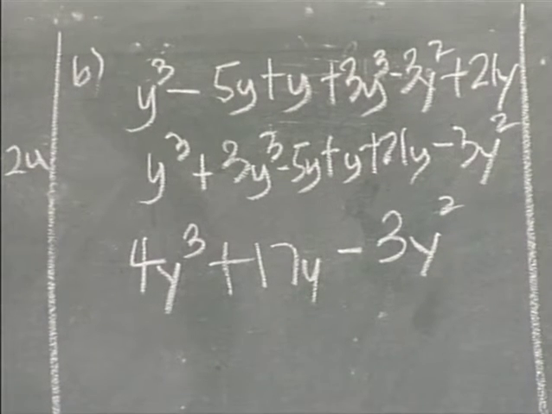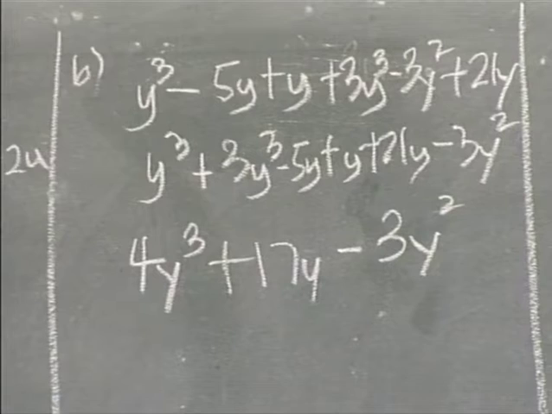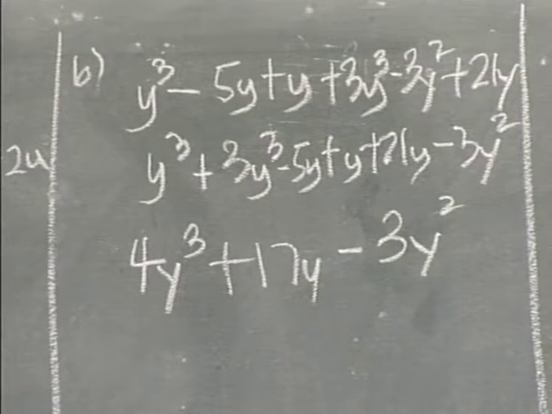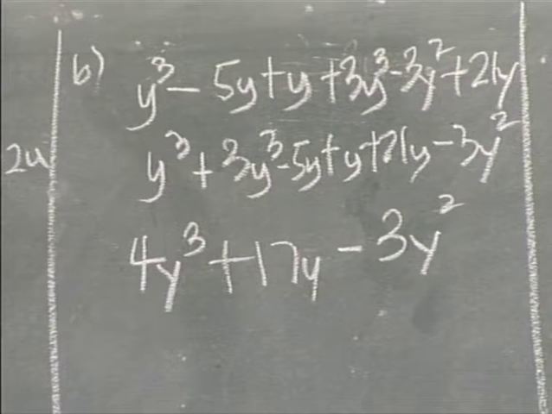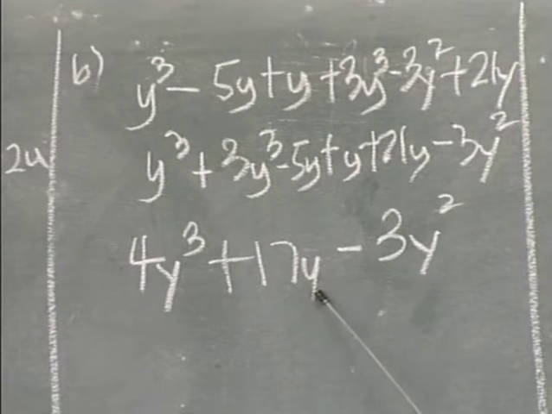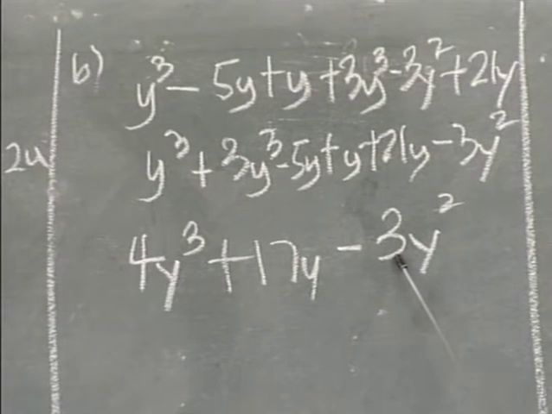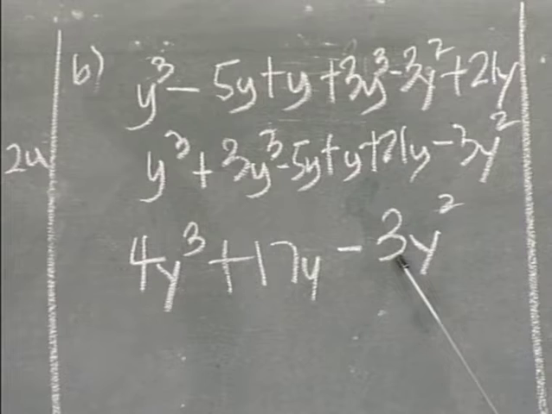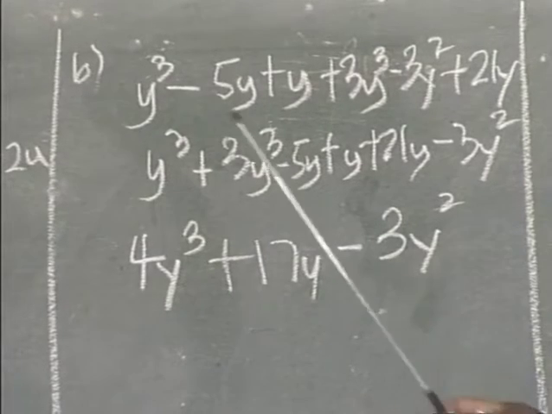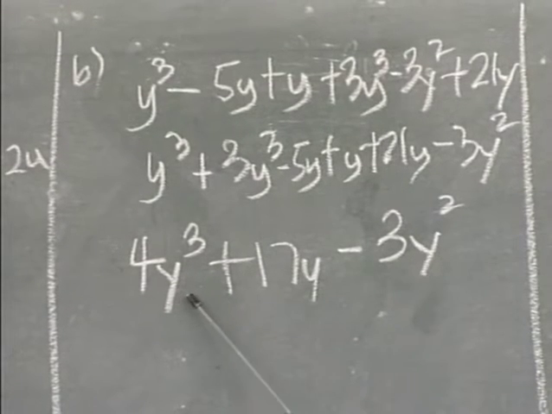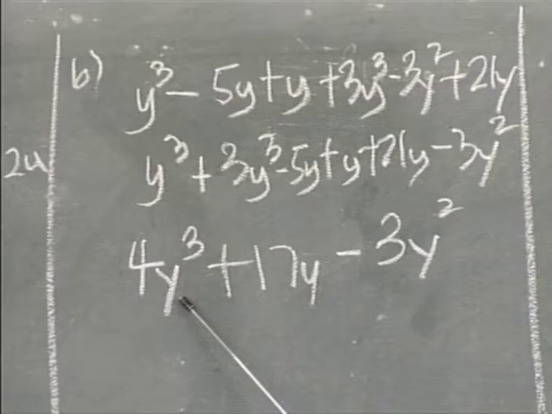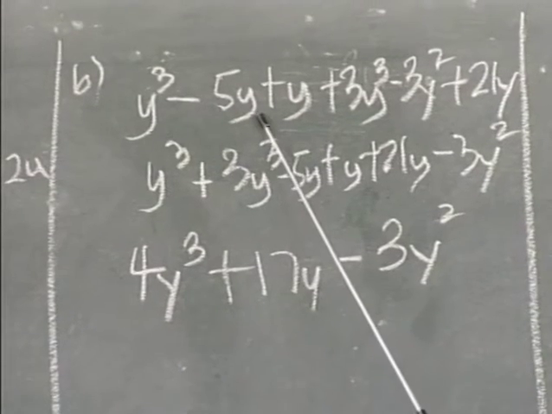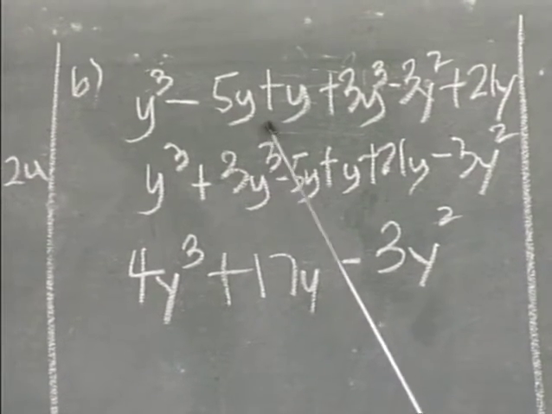Yep, 4y squared plus 17y minus 3y squared. 4y cubed minus, okay, this one, y cubed plus 3y cubed is 4y cubed. Should this be squared?